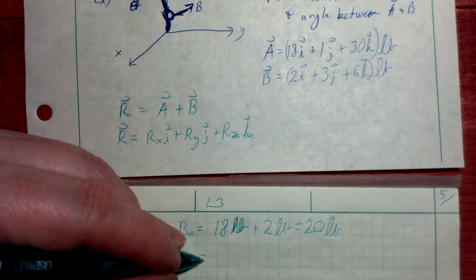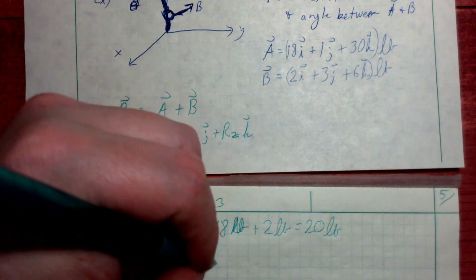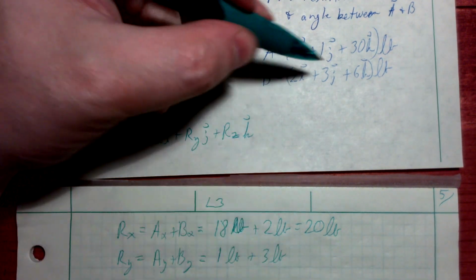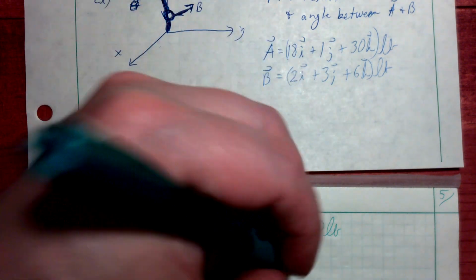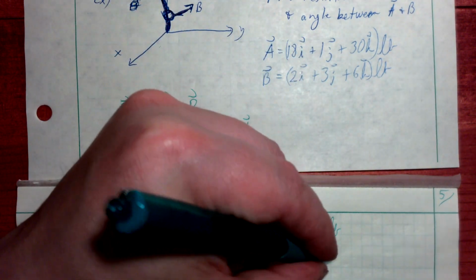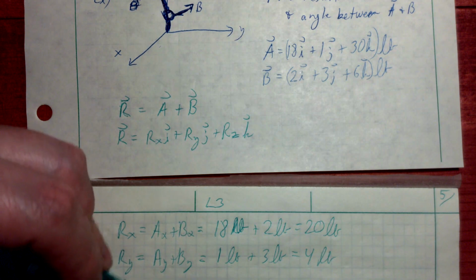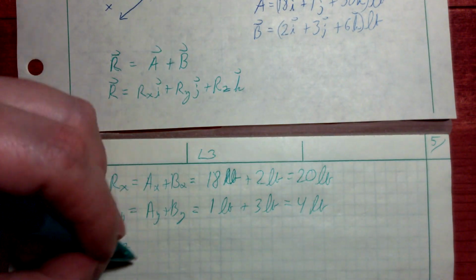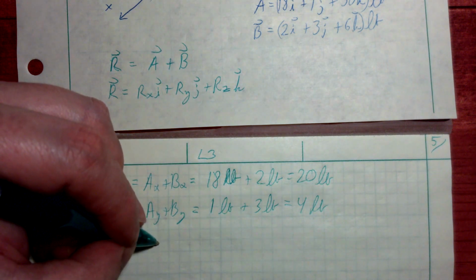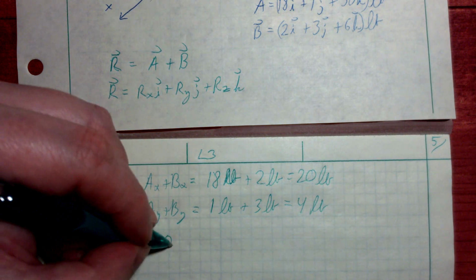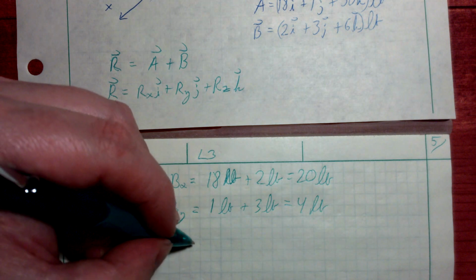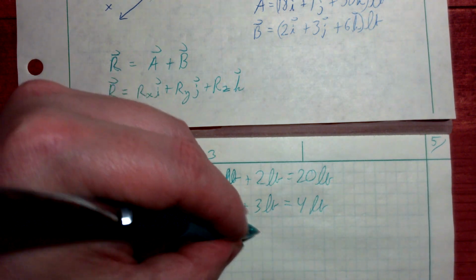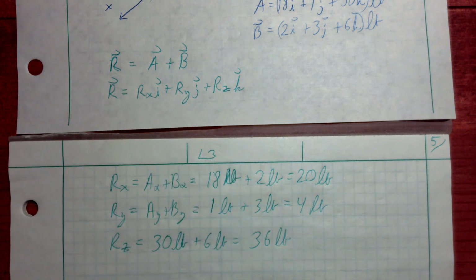You don't have to write that out if you're comfortable with it. That's going to be 1 pound plus 3 pounds, because those are the Y components here. It's going to be 4 pounds total. RZ, just going to add the Z components of those guys. That's going to be 30 pounds from vector A and 6 pounds from vector B, 36 pounds.